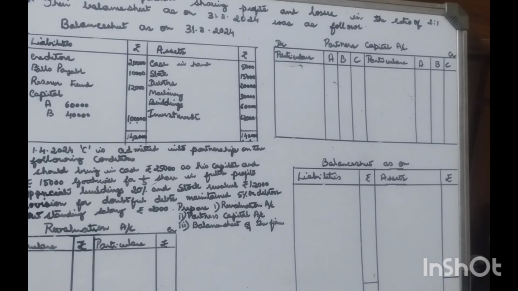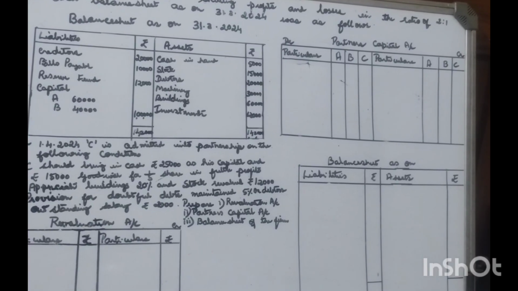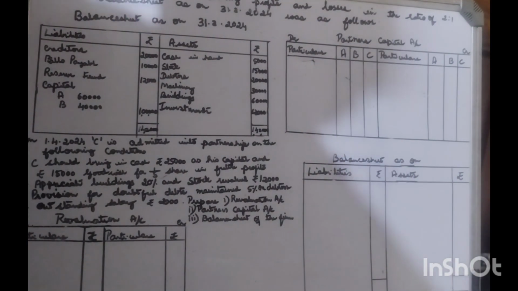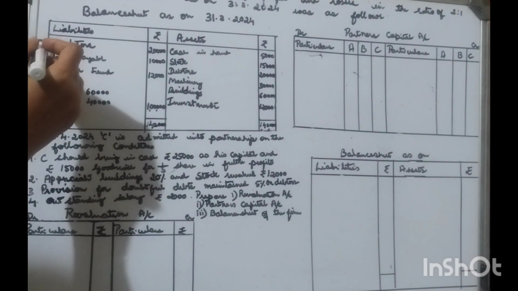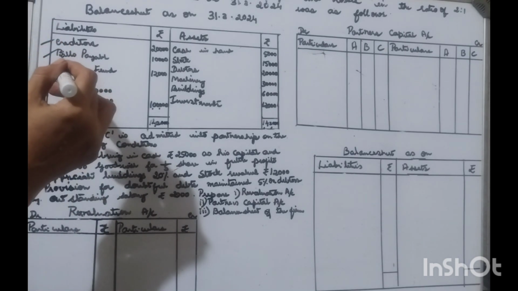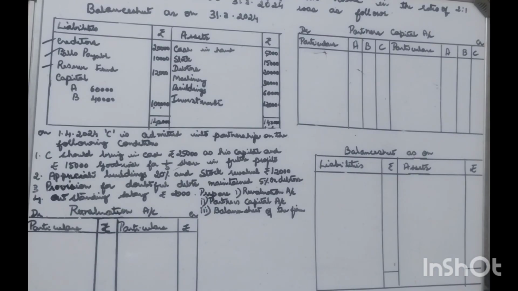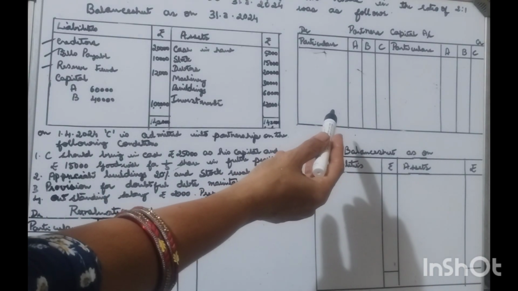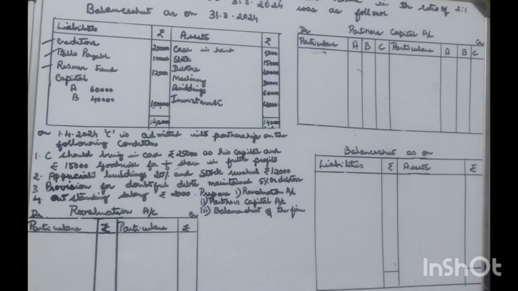Creditors appear in the balance sheet under the liability side. Bills payable, liability side. Reserve fund appears in the partners capital account under the credit side; it has to be distributed among all partners in their old ratio 2:1.